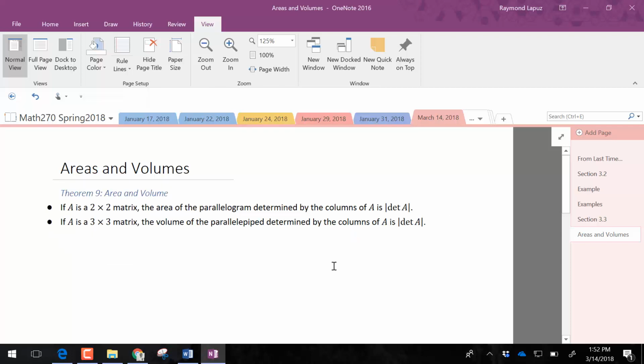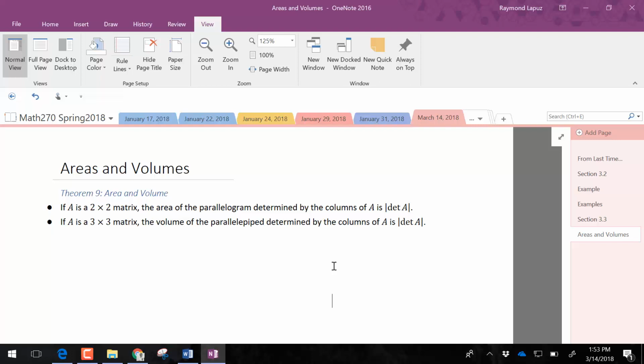So if you have a 2 by 2 matrix, the area of the parallelogram determined by the columns of A is the determinant. So this is an actual geometric application to matrices. Absolute value, because it might be negative and you just want to compensate for negatives.